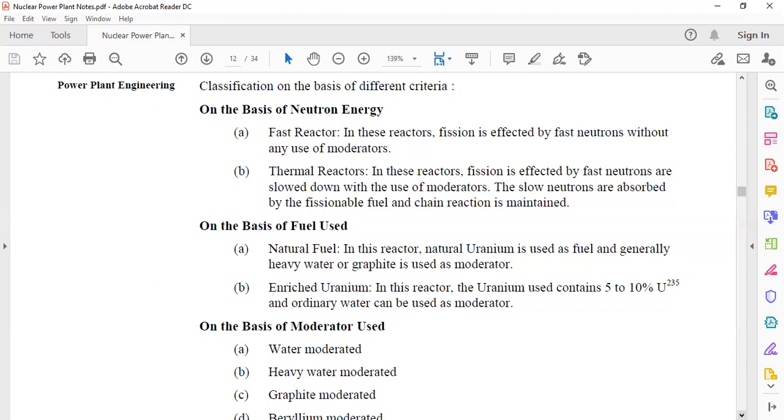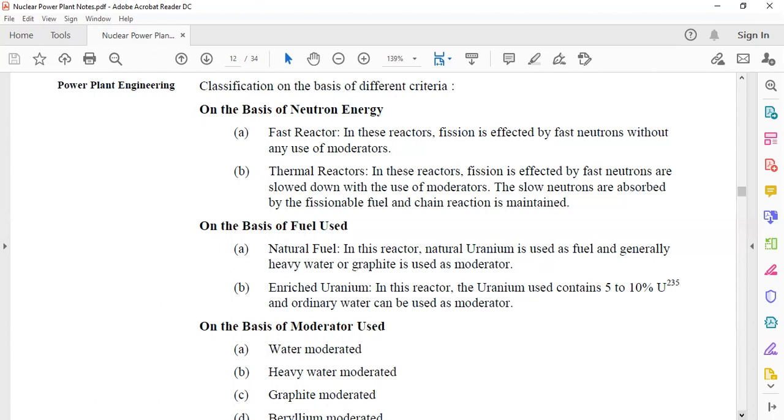Then on the basis of the fuel used, the first is natural fuel and the second is enriched uranium. In the natural fuel, natural uranium is used as a fuel and generally heavy water or graphite is used as a moderator. So wherever the fuel available in nature is used directly, for example natural uranium, heavy water or graphite is used as a moderator in that type of reactor.